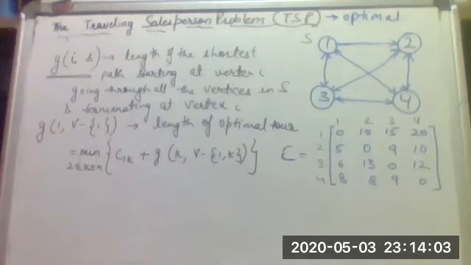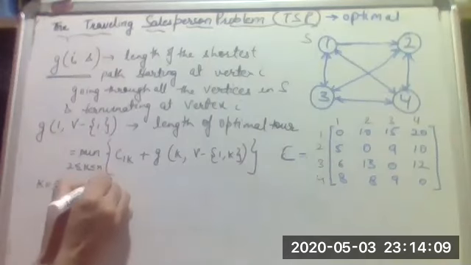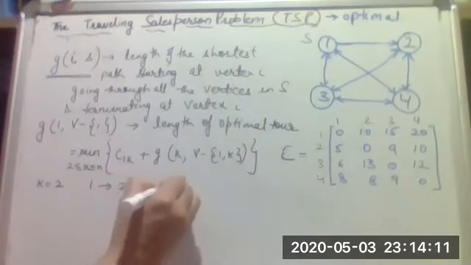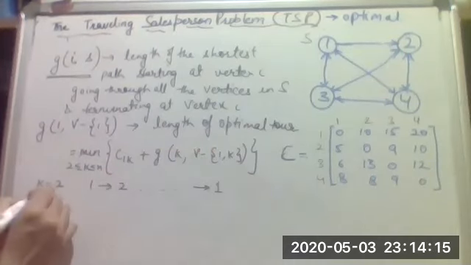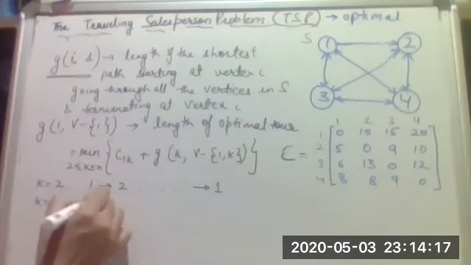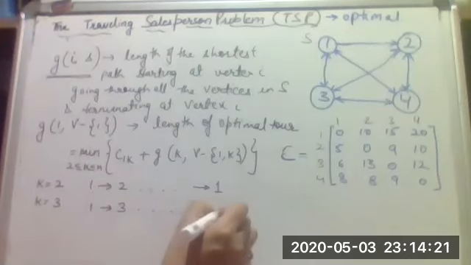So let's say we are starting with k value equal to 2. When k equals 2, that means we are going to take a path from 1 to 2, then the intermediate vertices, and then back to 1. If k is equal to 3, we are going to take this path and return to 1.